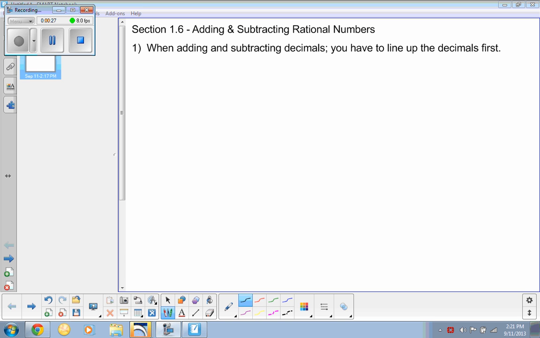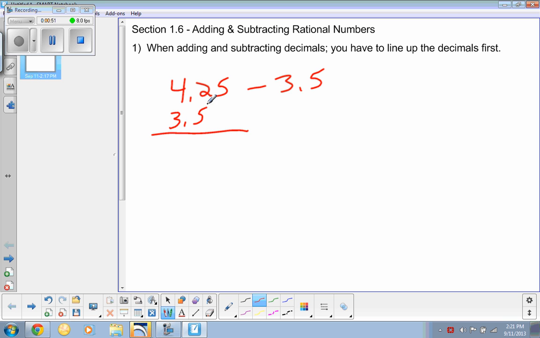When you add and subtract decimals, the rule is that you have to line up the decimals and then go ahead and add or subtract. So for example, if I had 4.25 minus 3.5, written sideways, then I would line up your decimals, and one's positive, one's negative, so I can just subtract.